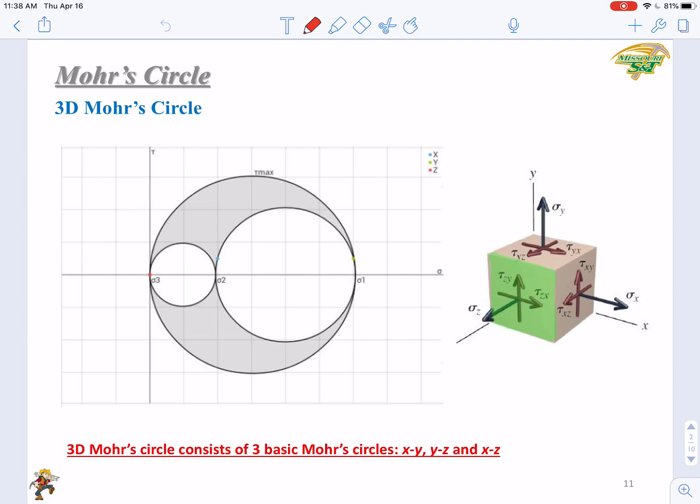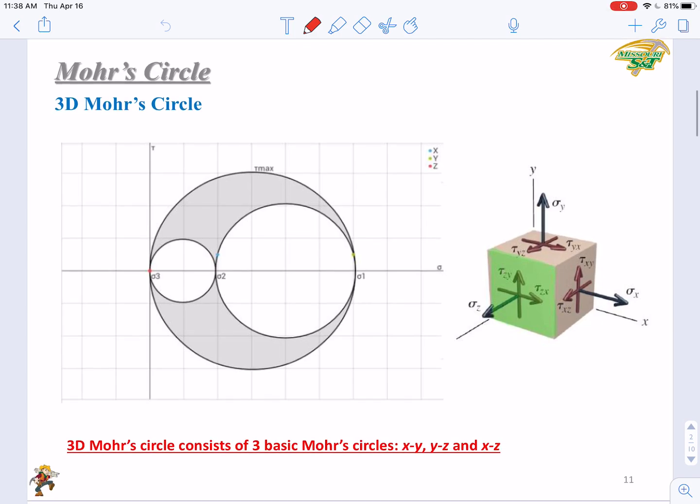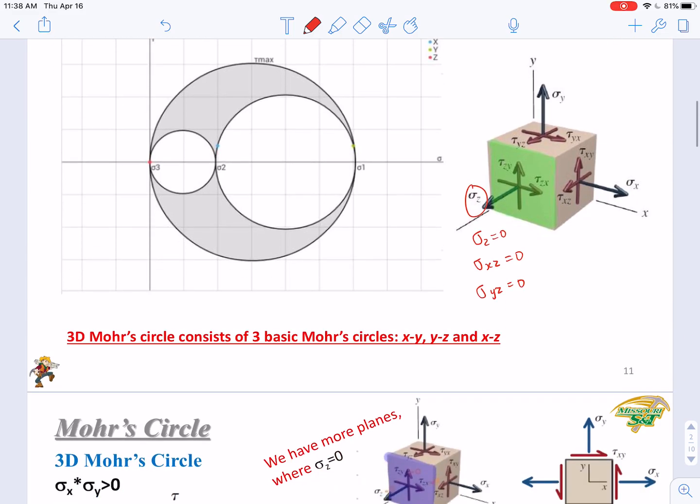But as we said, if we consider a plane stress situation, so your sigma z equals 0, and sigma xz equals 0, sigma yz also equals 0. Okay, this is plane stress. So let's analyze 3-dimensional Mohr circles in 2 scenarios.